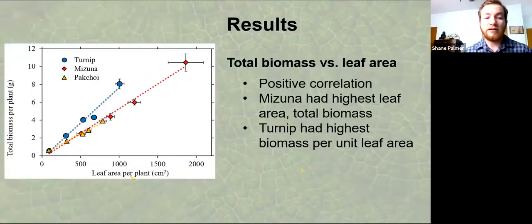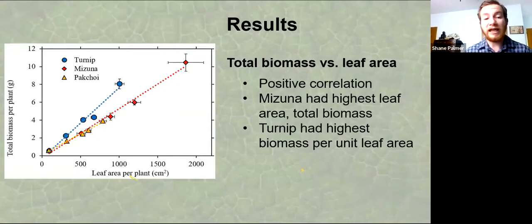And this is a graph looking at total biomass per plant as a function of the total leaf area per plant. Because Mizuna had the most leaf area and the most biomass, it's coming up kind of far to the right.